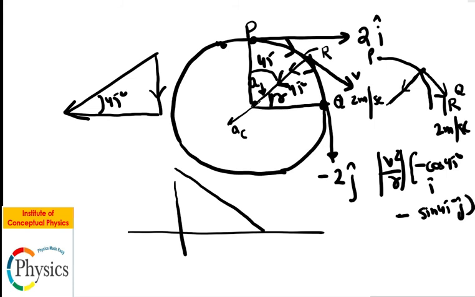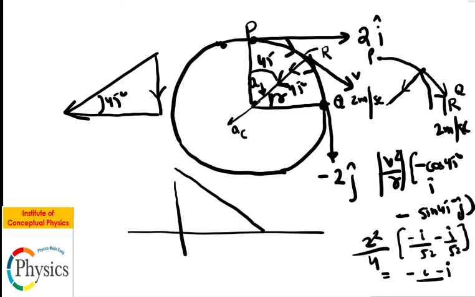Okay, so you can see the v square is known to you, 2 square, the radius is 4. So this is minus i by root 2, minus j by root 2. So you can calculate this, 2 square by 4 is 1. So minus i minus j by root 2, and this is in meter per second square.